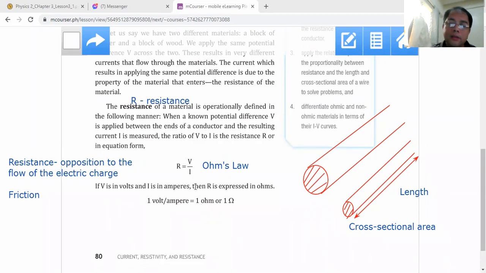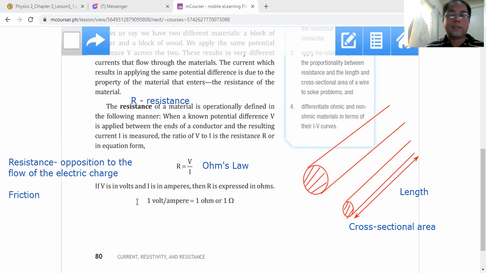So if V divided by I is R, then we'll see that greater resistance means lesser current.